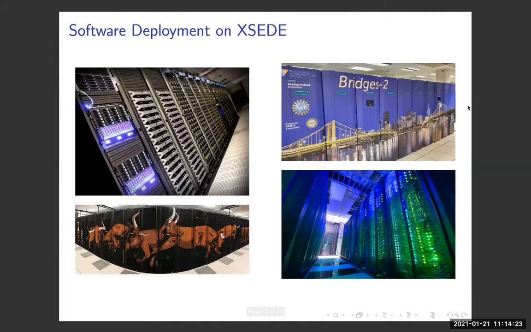But even just today, on XSEDE, we have many different systems that you might have time allocated on and might want to run your software on. Even though these systems are very similar, from Comet to Stampede 2 to Bridges 2 and now Expanse at SDSC, they have very similar infrastructure, but each one is still like those old sailing ships and cargo ships, where they're all slightly different.